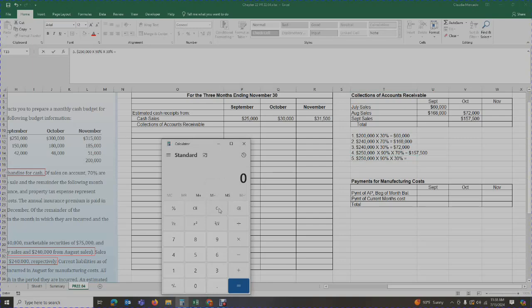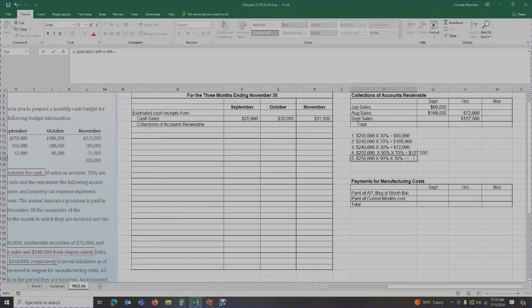So let's calculate how much we're going to collect in November. 250,000 times 90% times 30% gives me 67,500. That 67,500 from my September sales is going to be collected in November.